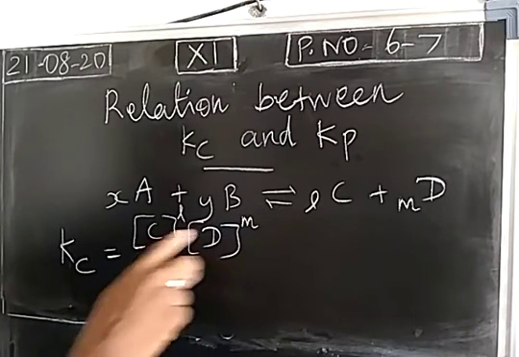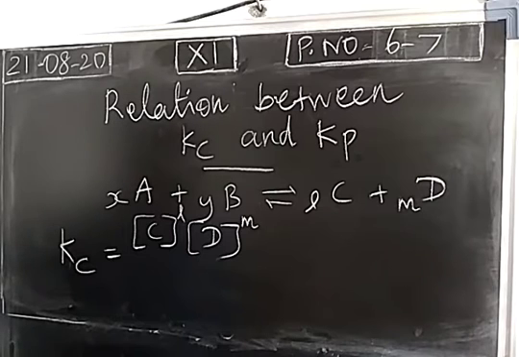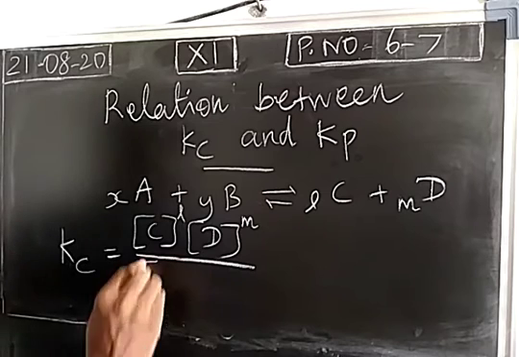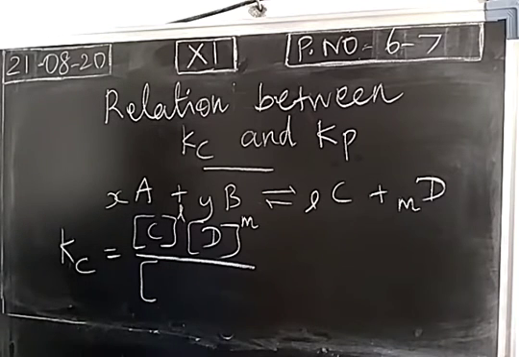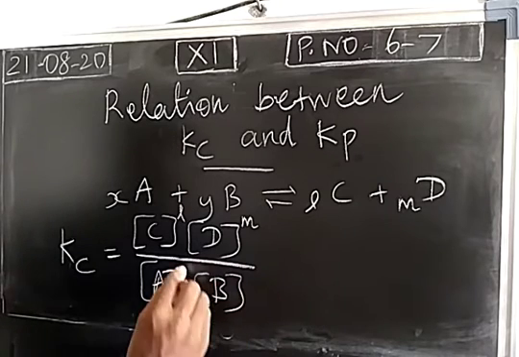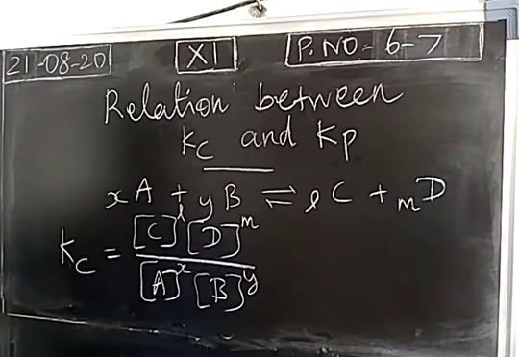The coefficients will be the powers. In the denominator, the product of active mass or molar concentration of reactants in the power X as well as Y for the reactants A and B respectively.